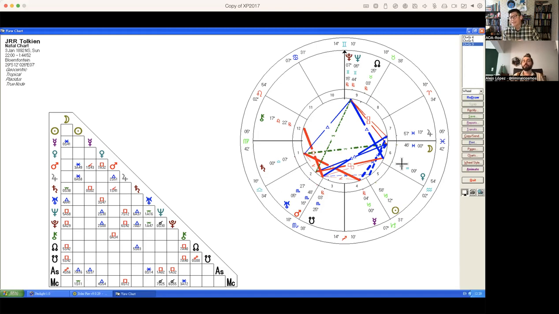And where is Venus? Venus is at 9 degrees Aquarius and in the 6th house. So if you know the second house is about value or resources, then for Tolkien, because his second house ruler, Venus, is in the 6th house and in Aquarius, the things related to the 6th house and the things related to Aquarius will have something to do with his view of value and his resources.